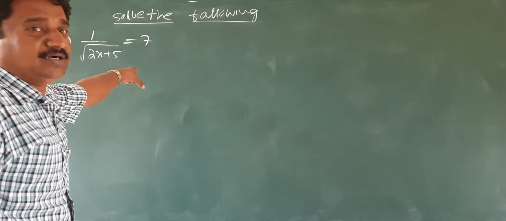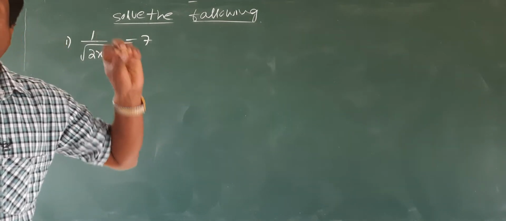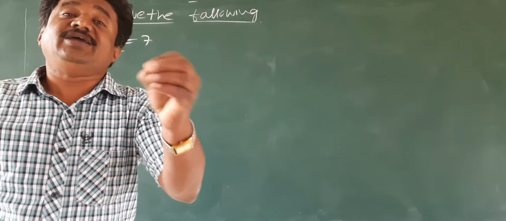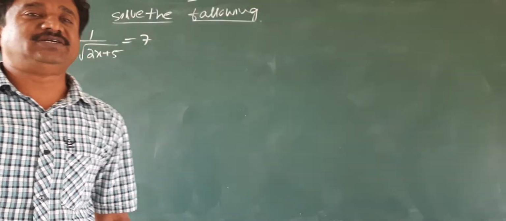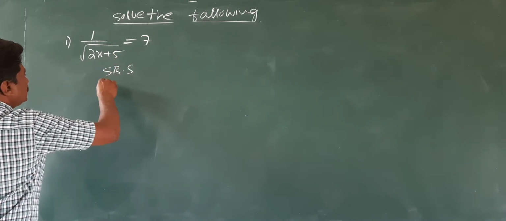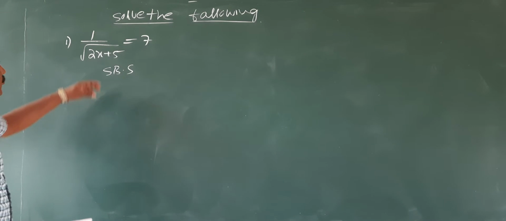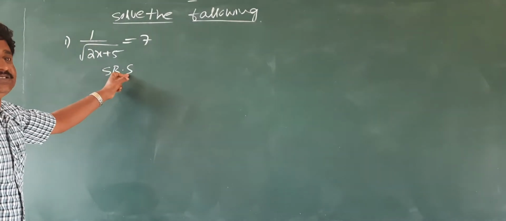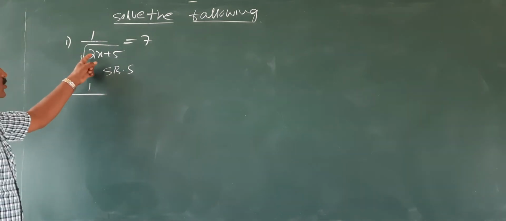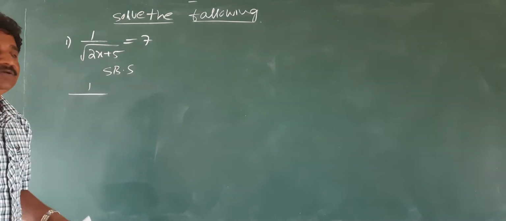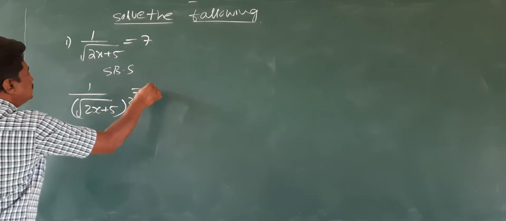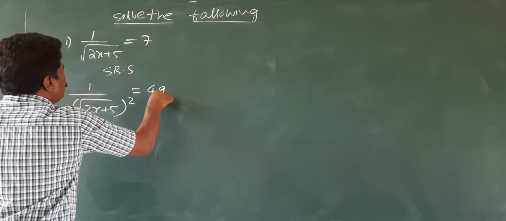Since we are having a root, whenever a root appears, we always go for squaring both sides. Squaring both sides, 1 square is 1 by root of 2x plus 5 whole square, which is equal to 7 square, 49.